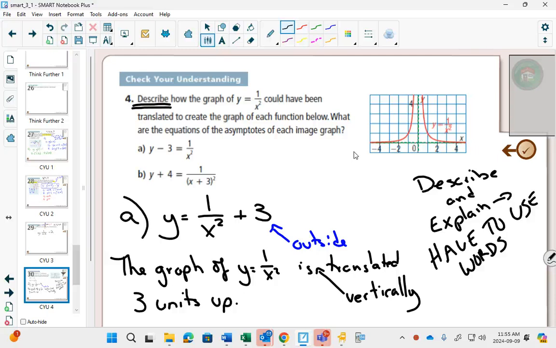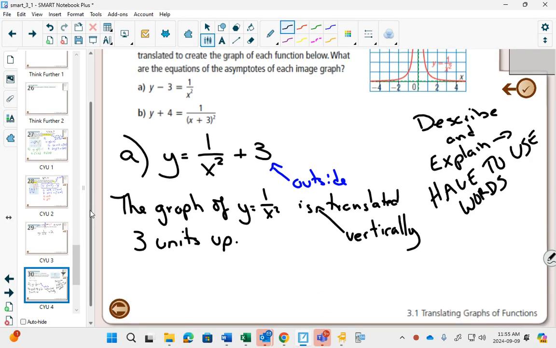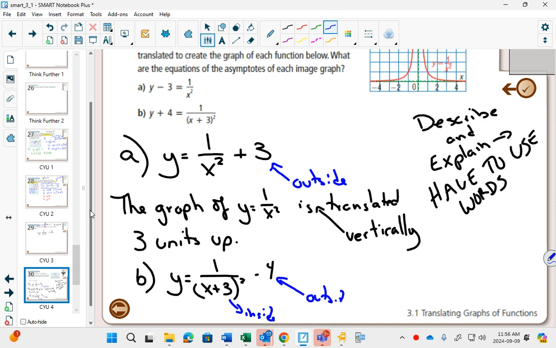And then in part B, again, I would take the time to move the 4 to the other side. And I would notice that this 3 is inside, that's going to be horizontal, and this 4 is outside.